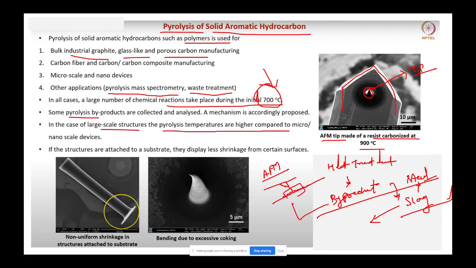So it will give you some roughness profile of your material. This is the distance, this is your surface roughness. Here there is non-uniform shrinkage in the structure attached to the substrate, and this is bending due to excessive poking. So this is also a very good, I think, SEM image if I'm correct.